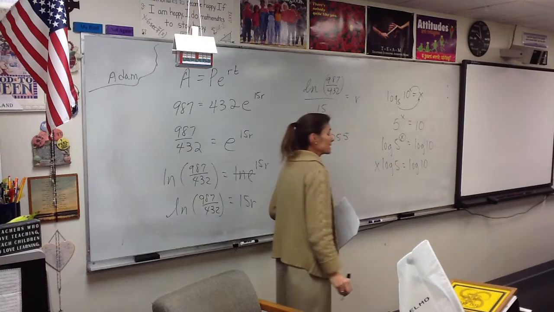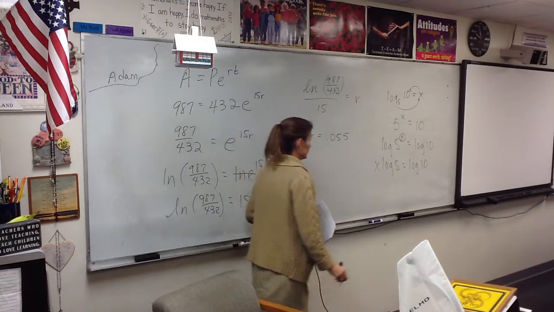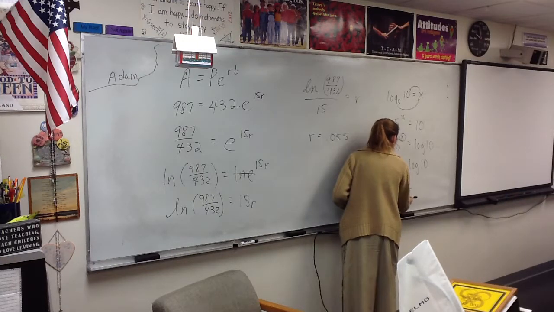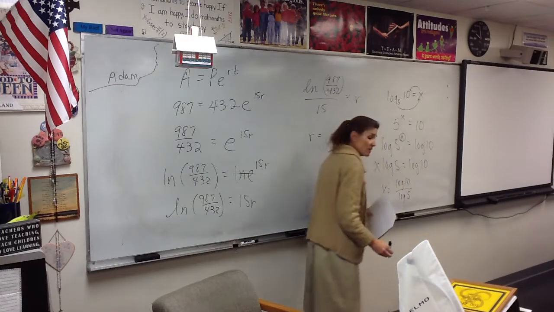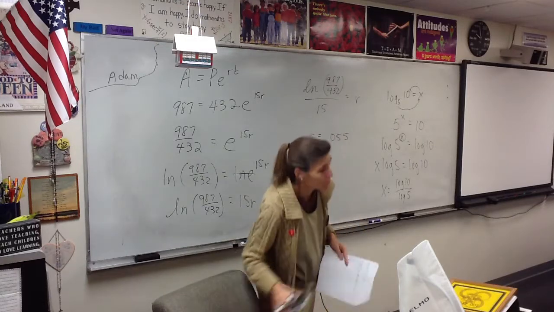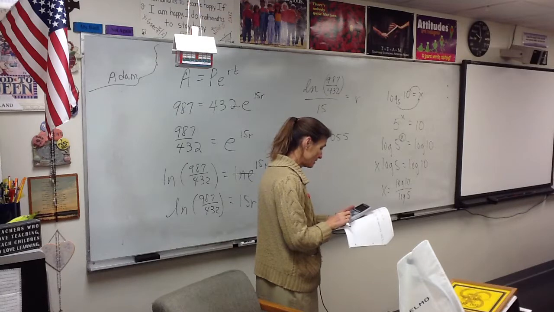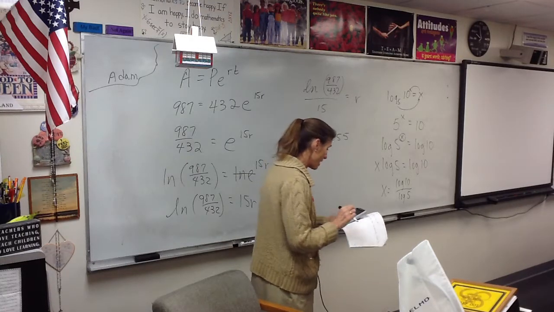How will I get the answer to the question? x equals log 10 divided by log 5. And I'm very careful when I put that in to close all my parentheses. So log 10 divided by log 5.